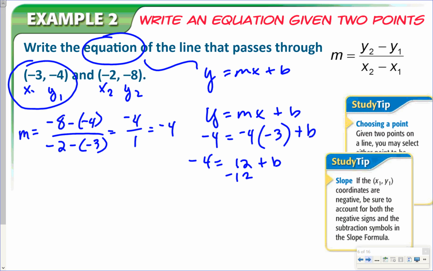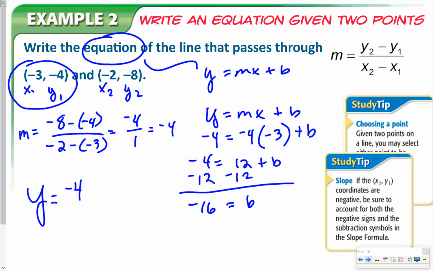Subtract 12 from both sides: -16. So my y equals -4x. Wait, no. Minus. Okay, that's easy. Pretty easy, right?